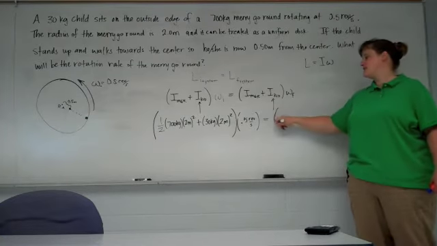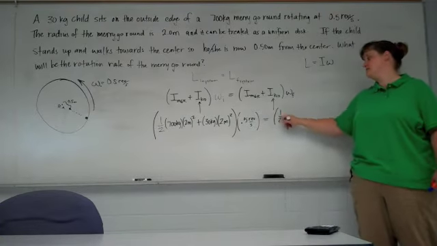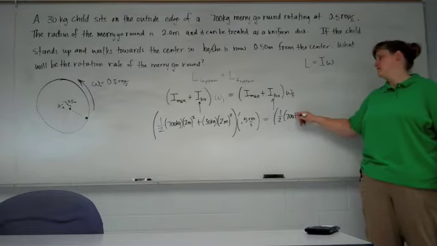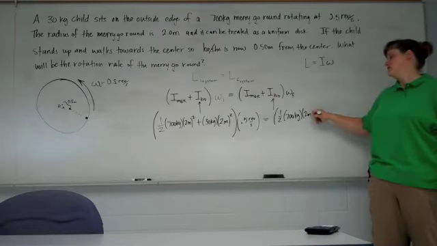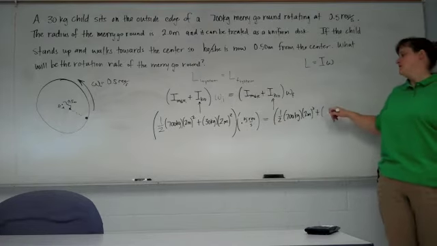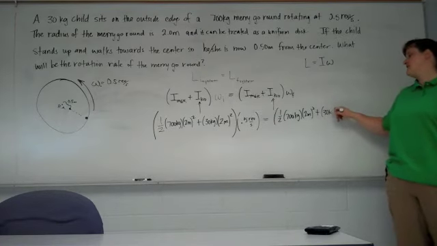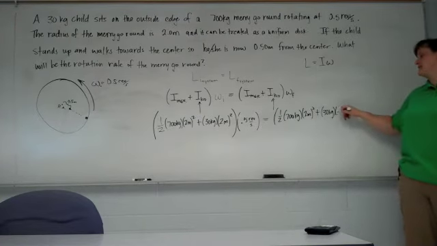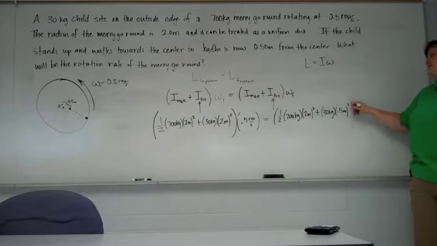Finally, that has to equal moment of inertia again. The thing that changes here is the radius. The kid is now half a meter from the rotation axis.